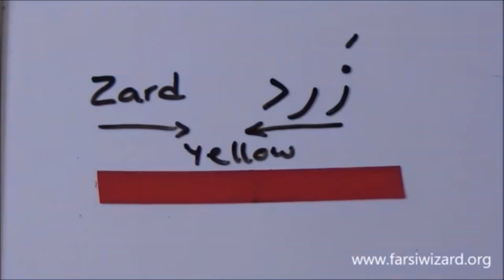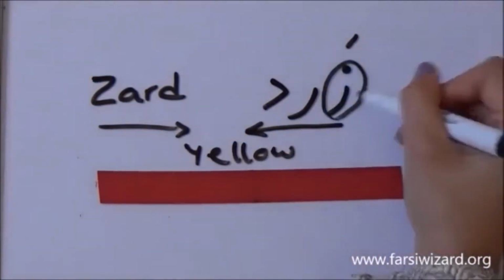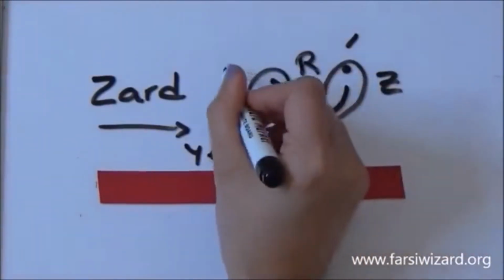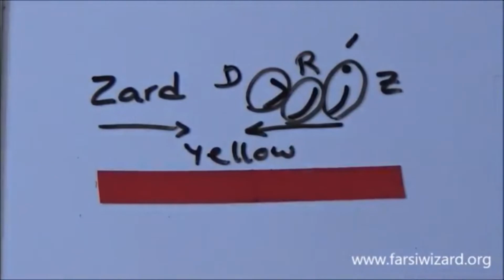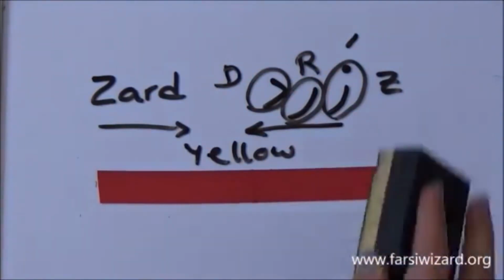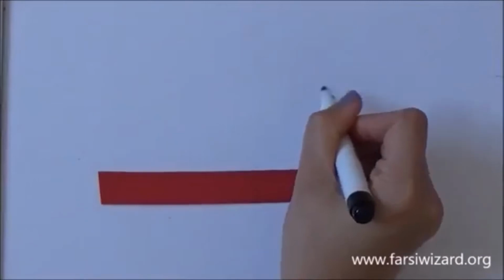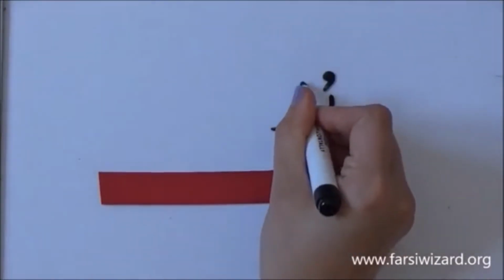So the word is zard. It means yellow, the color. This is ze, this is re, and this is dal. Zard. So for now, just focus on actually identifying the letters. The rules of word formation will be explained separately in another video.